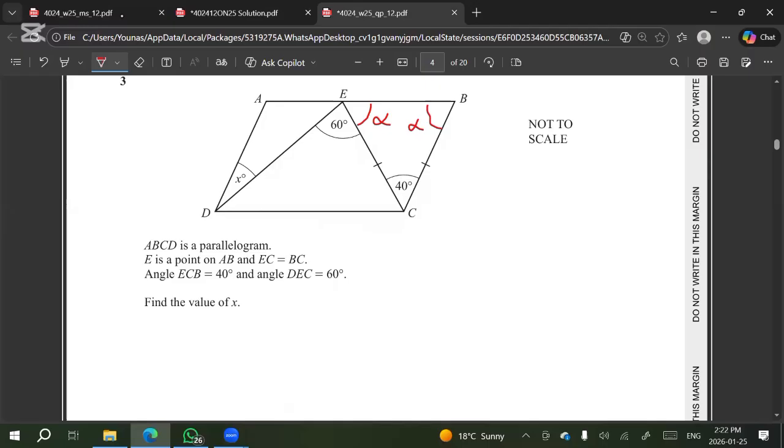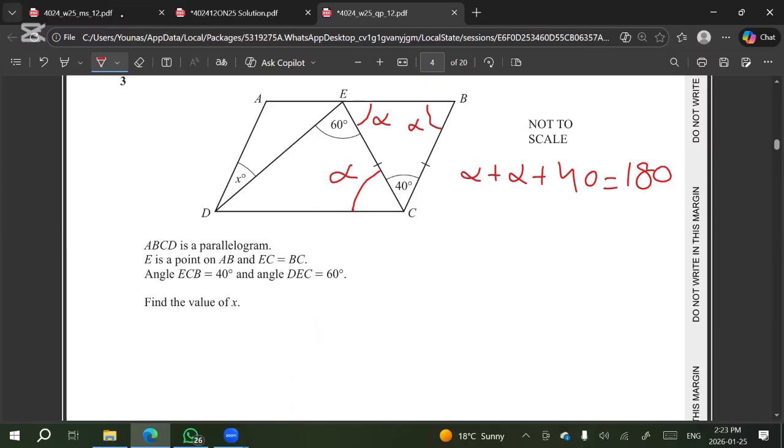So we can find the alpha because the EBC triangle is an isosceles triangle, so you can very easily find out alpha. So you will have alpha plus 40 equals to 180. From here, get the value of the alpha. If this angle is alpha, you know this angle will also be alpha because they are alternate angles of the parallel lines.